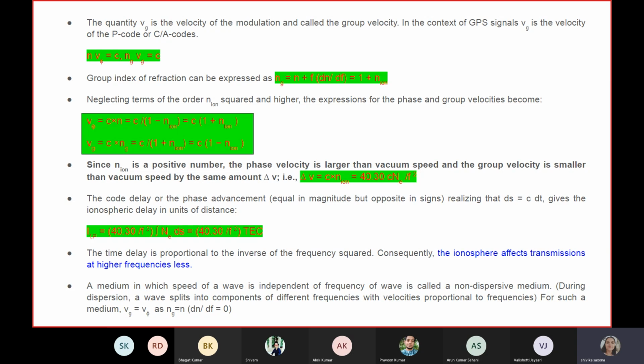There is no distinction between phase velocity and group velocity. For such a medium, Vg equals V phi as Ng is equal to N. Okay, and the change in refractive index with respect to frequency is 0. So this implies for the troposphere we do not need to make such a distinction between group and phase propagation.